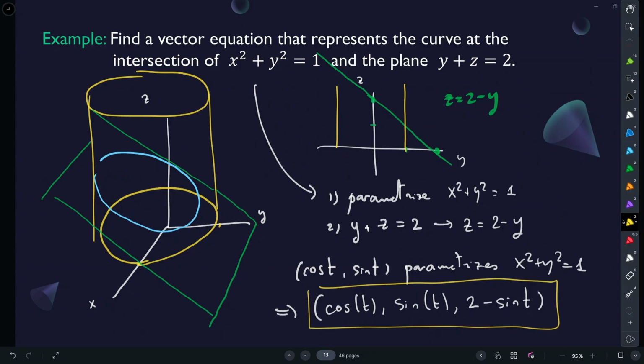X squared plus y squared is a circle of radius 1, and I know how to parameterize circles of radius 1. I can parameterize it with cosine t and sine t. So I know that cosine t, sine t always land in the circle of radius 1 because of the identity cosine squared plus sine squared equals 1. But it's not just that they satisfy that equality, they parameterize the points on the circle of radius 1. Okay?